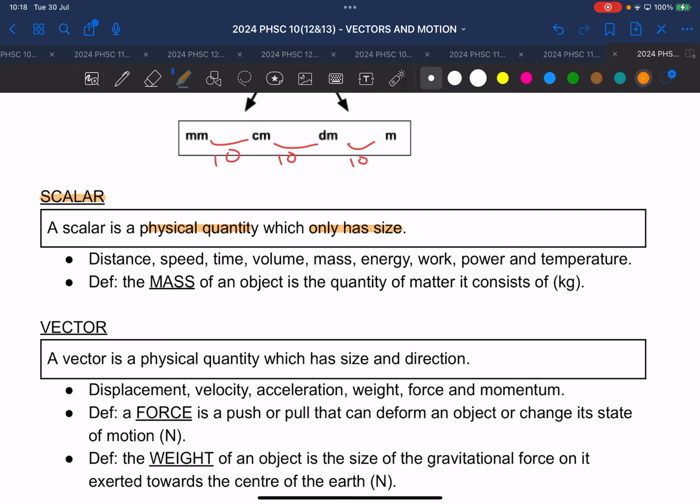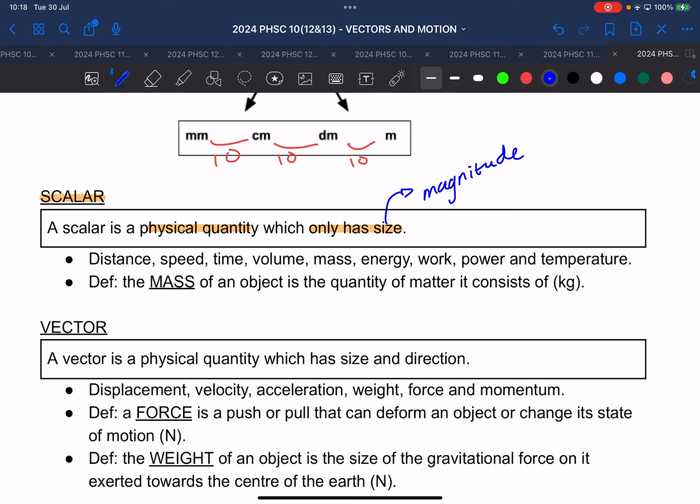In the science world, we can use the word size, but we prefer to use the word magnitude. Magnitude refers to size.